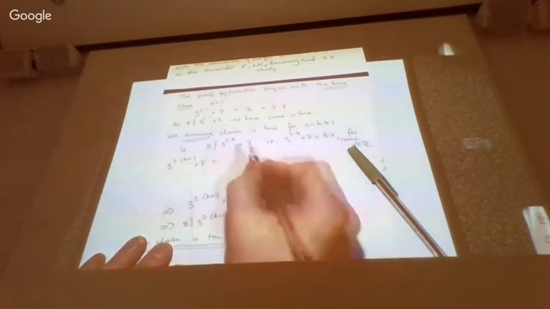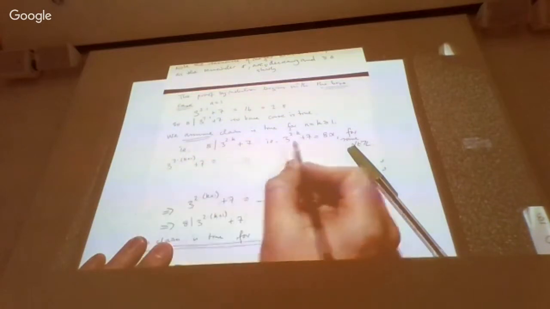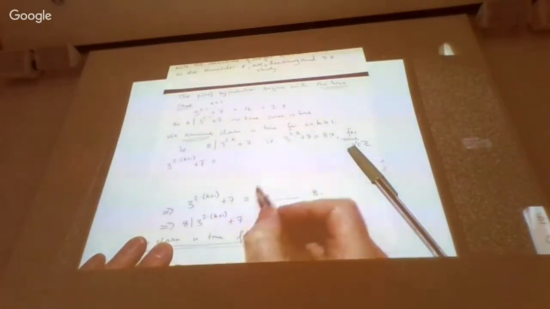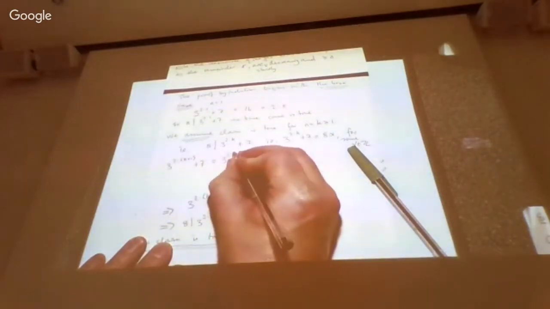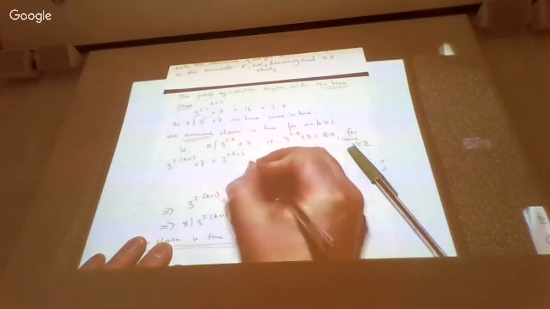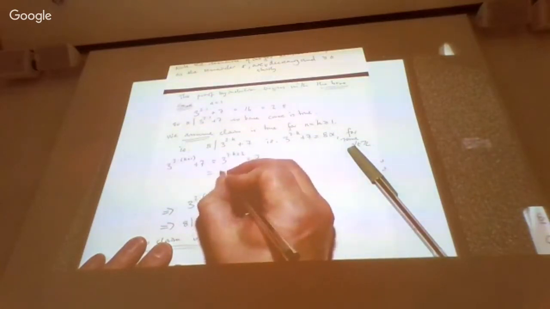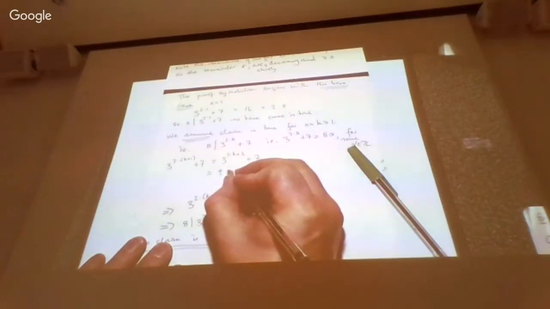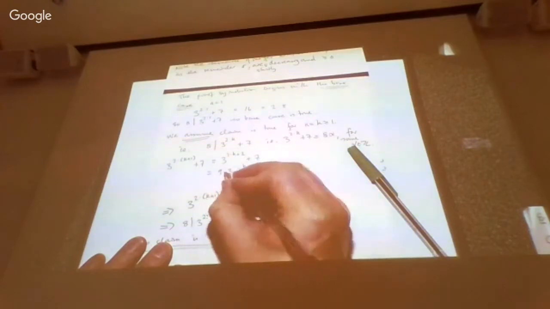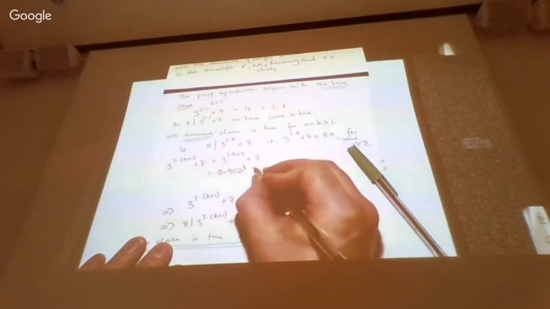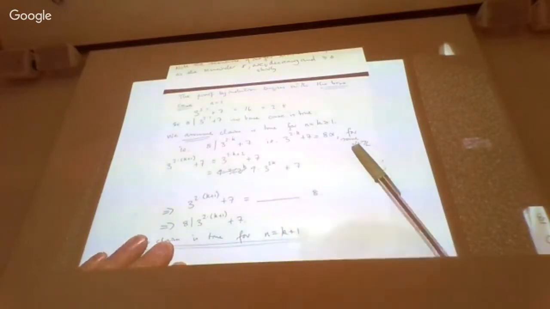So the general way I present these is, take this thing here and maybe draw out this factor, the 3 to the 2k plus 7. It's nearly there. So this is 3 to the 2k plus 2 plus 7, and that can be written as 9 times 3 to the 2k, and you still have your plus 7.